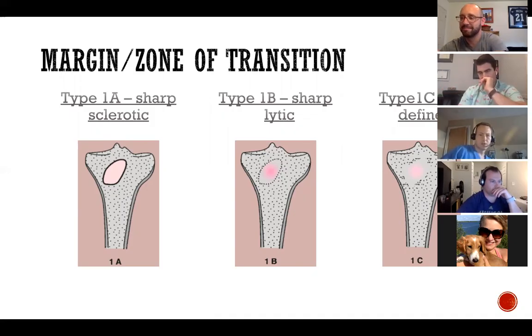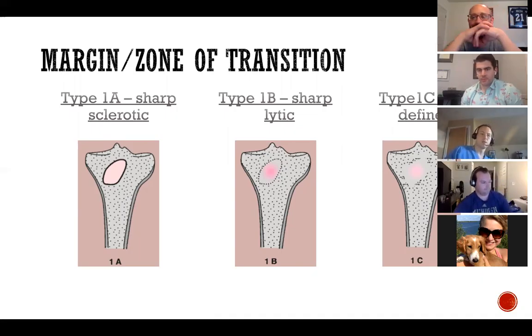You can have geographic lesions, where you can define the borders of the lesion, but the lesion might not have a very localized sharp transition. It may sort of fade out, but you can still localize it, and it's sort of centralized.